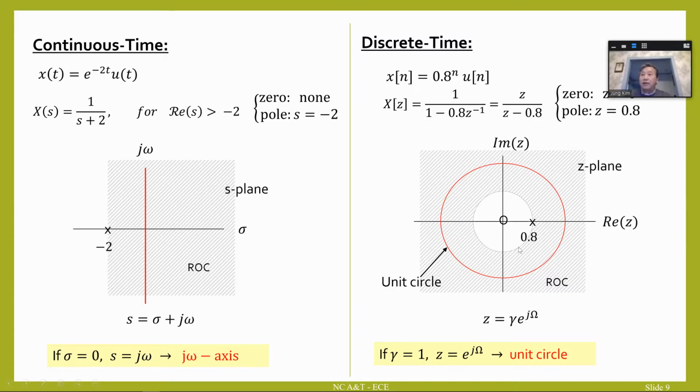Now the important thing is the unit circle. In the case of gamma equal to 1, g is e to the j omega. The digital frequencies are represented by e to the j omega, which has magnitude 1 and angle omega. So this represents the unit circle, and the unit circle is a kind of frequency domain.